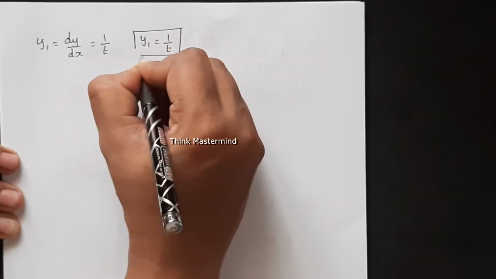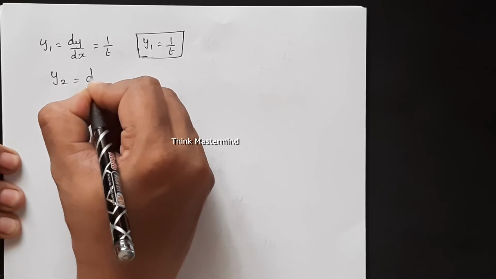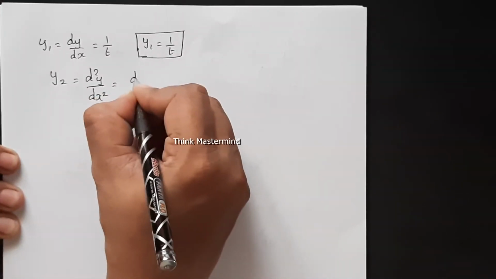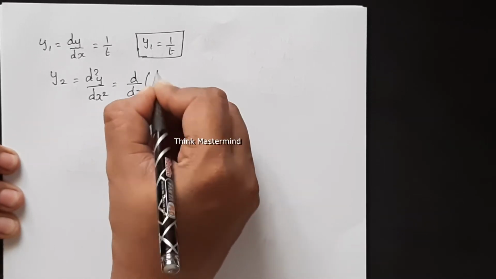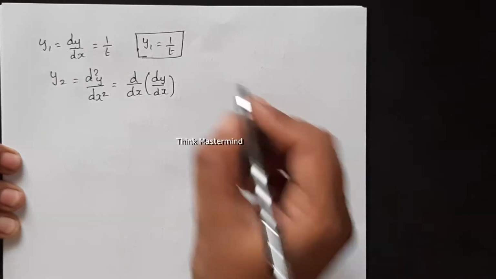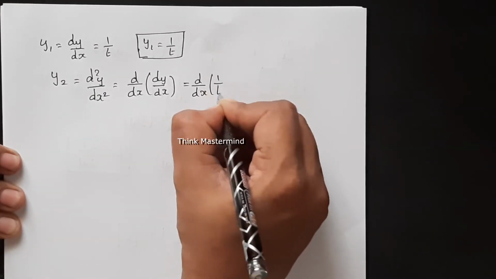Now we are going to find y2. y2 is nothing but d square y by dx square, that is d by dx of dy by dx. The dy by dx is 1 by t, so that is equal to d by dx of 1 by t.